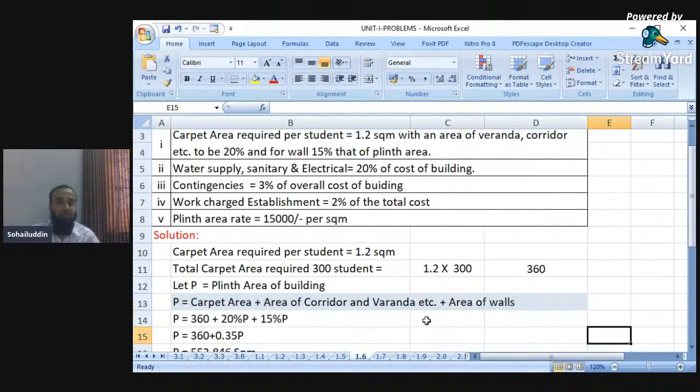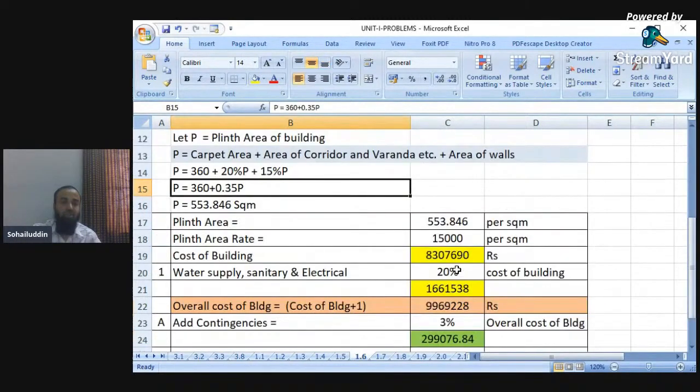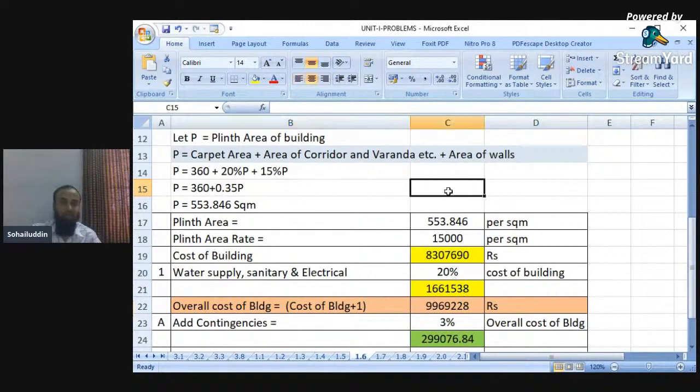In this way, total P is 360 plus 20% of P plus 15% of P, that is 0.35 P. The plinth area required is 553.846 square meters.